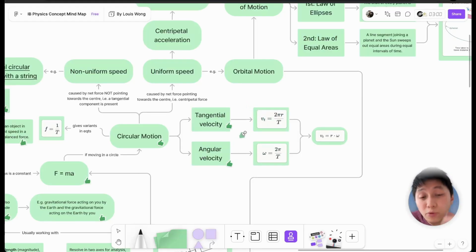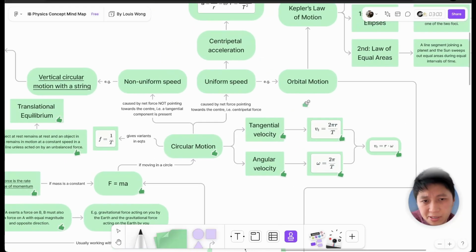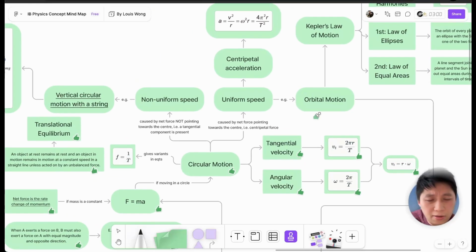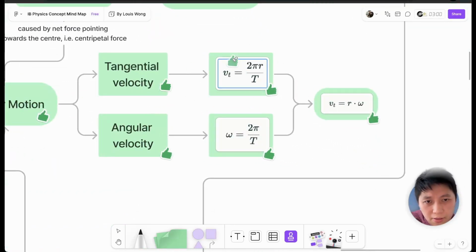The one we normally use as v is called the tangential, or some people call it the linear velocity, which is defined by 2 pi r over t, and then the angular one will be 2 pi over t. You can see it's missing an r, and therefore you have an equation like that. The data booklet does not show exactly like this, so I recommend you also write it down somewhere in your data booklet or in your revision notes, so you can clearly understand. These two are defined, and therefore you can derive the relationship.